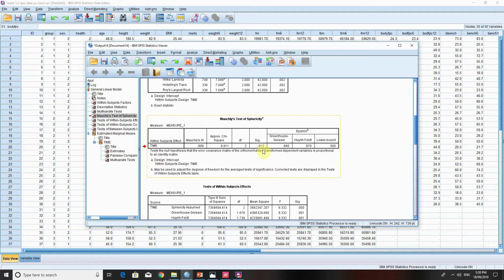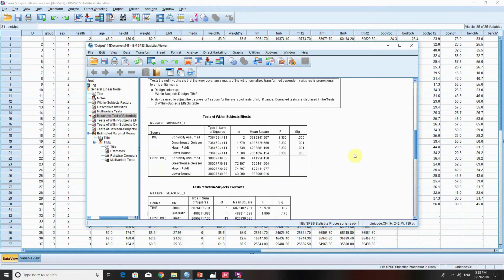We can see here that our significance is 0.012, which is less than 0.05. This is a significant Mauchly's. So this means the data does not fit this test for sphericity. Now, if the data was normal, I would then scroll down to tests of within subjects effects, and I would read all of my output from this sphericity assumed row.